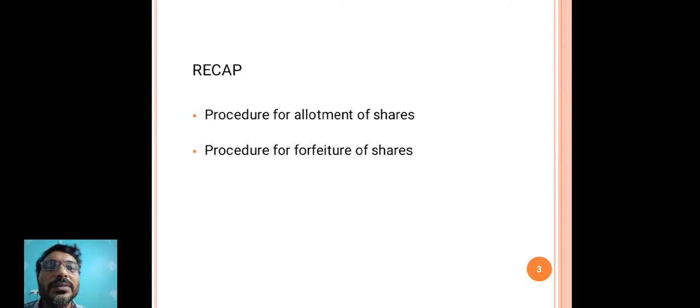If they wish to buy a share or a debenture, there are different kinds of shares that we have seen in the last video sessions: equity shares, deferred shares, and preference shares. That information is clearly mentioned in the prospectus.